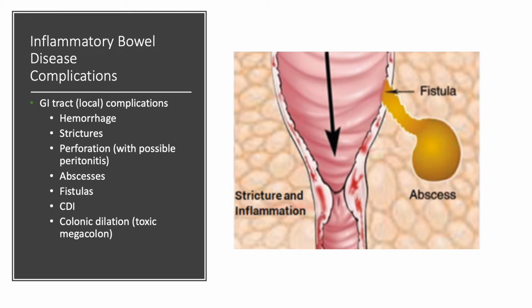But we can also get strictures, which, if you think about it, scar tissue forms when you have inflammation. The intestinal wall in that image is inflamed, as you can see, the little red stripes, little patches there. And inflammation results in scar tissue, and scar tissue tightens down.